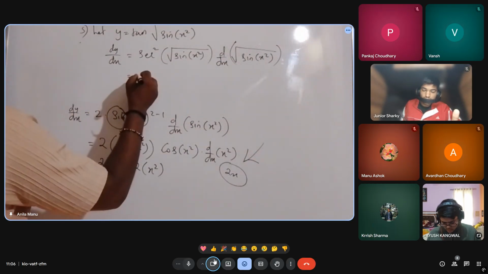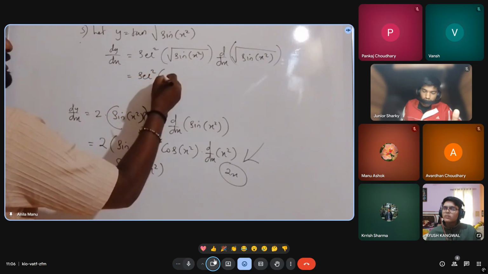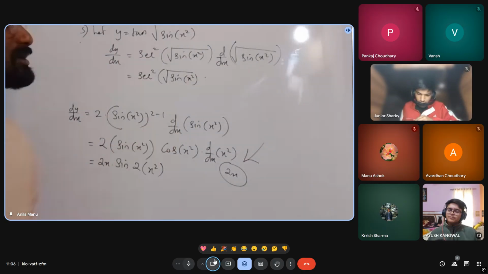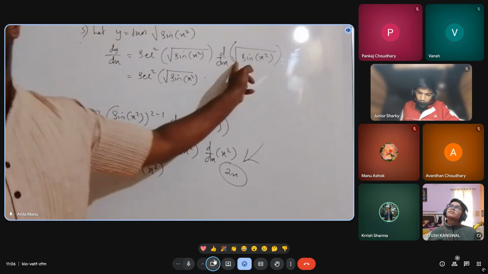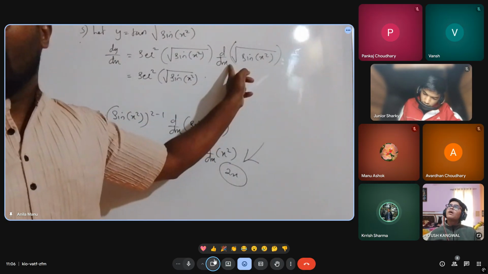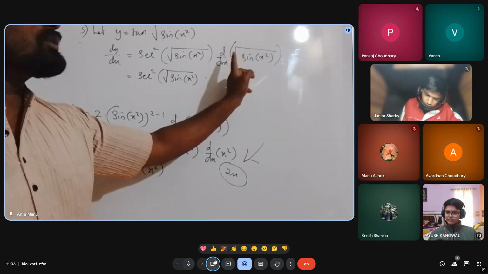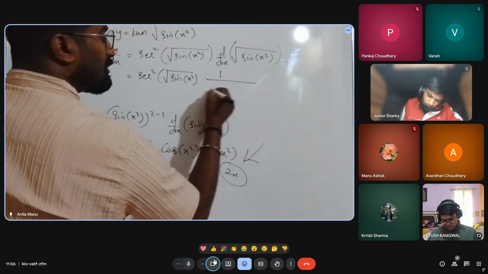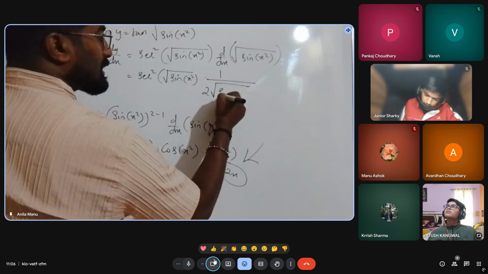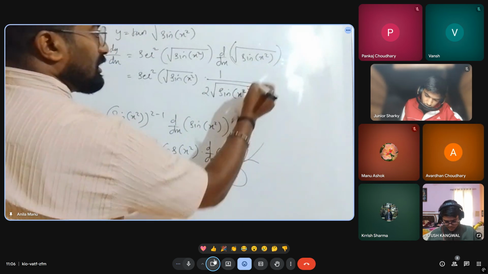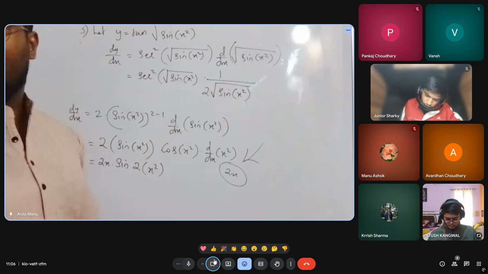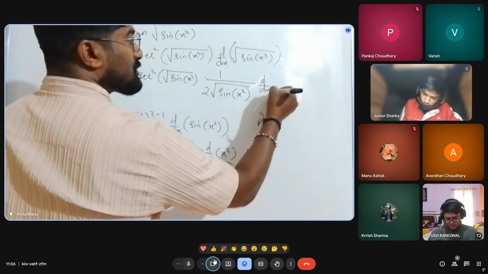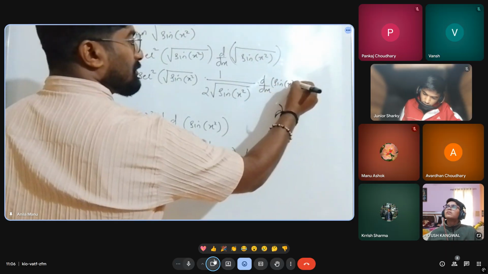Sec square of square root of sine x square into, okay, tell me what is the derivative of what you can see first? Root x. What is the derivative of root x? 1 by 2 root x, where x is sine of x square. Now tell me what we have to differentiate? Sine x square, so d by dx of sine x square.